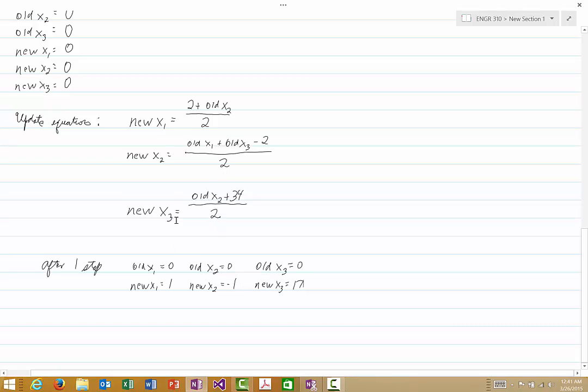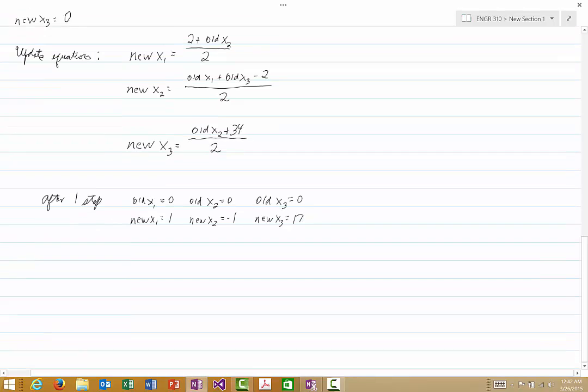And then finally for new x3, we have old x2, which is 0, plus 34 is 34, over 2 is 17. So that's how we get these values for the new x's at the end of step 1. Now obviously if you compare the new x's with the old x's, there's a big difference between the new x's and old x's.